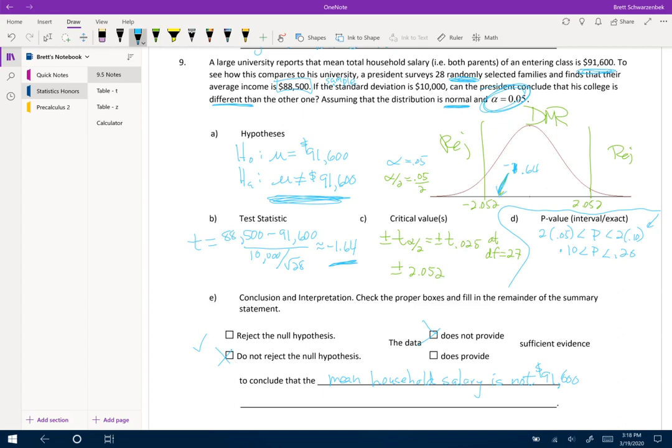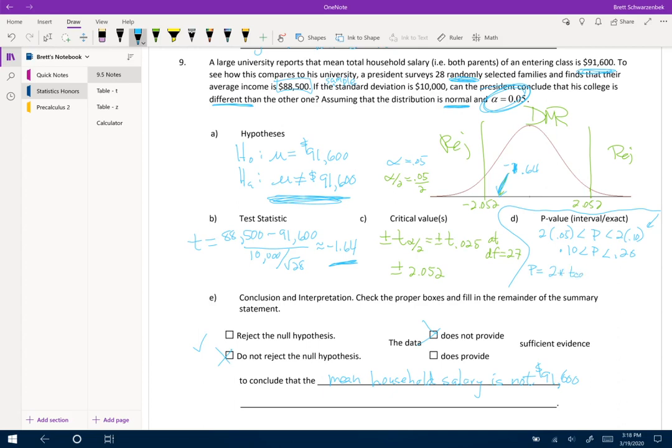But what if we want the exact value? Well, this is also a little different. In order to find the exact value, we need to use TCDF, but remember TCDF is only going to give us the area in one tail, so we have to multiply the TCDF value by 2.